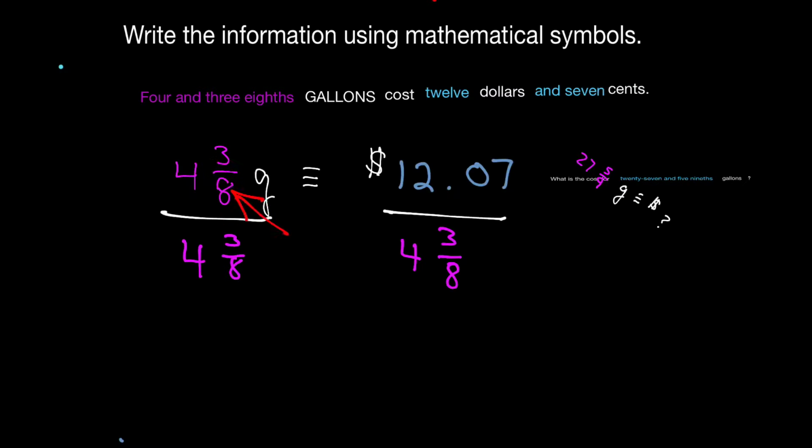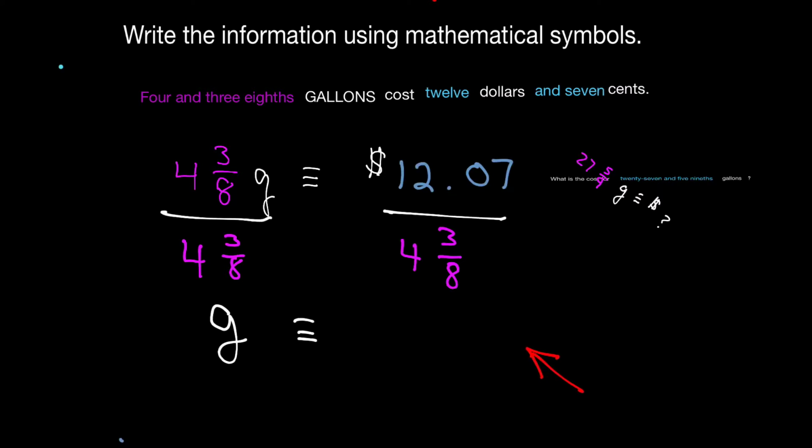Looking over here, 4 3/8 divided by 4 3/8, we're counting gallons, so this is going to be 1 gallon written on this side. Recall we're using the letter G as an abbreviation to mean gallons. This is going to be equivalent to the answer we get to this division problem here.